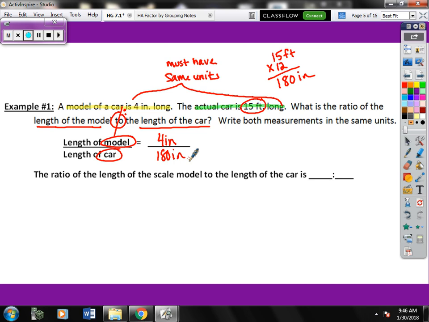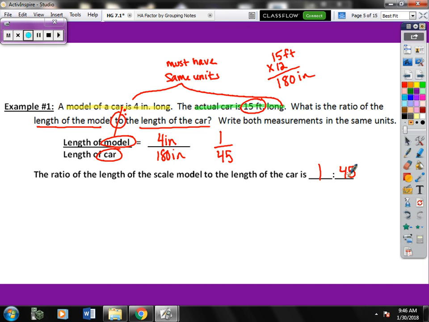And what will that reduce to get us? Joseph? 1 to 45. So just filling our blanks would be 1 to 45. You wouldn't want to have 45 to 1 because that's the opposite ratio, so just be careful.